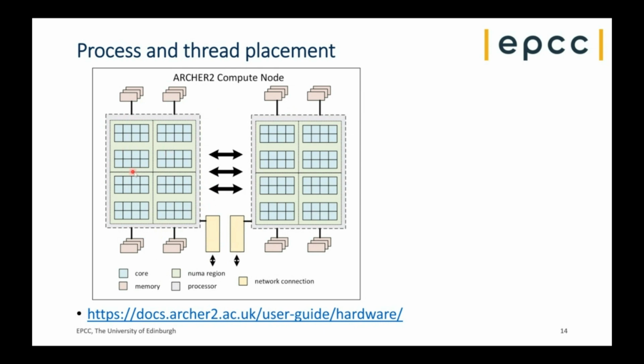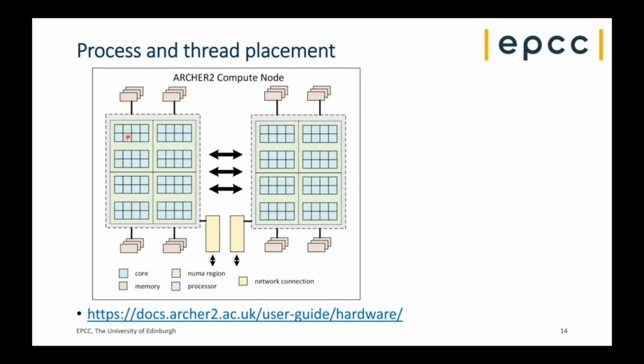So if I only wanted to use 16 tasks per node, by default, it would put them all on this first block here, and then all these memory connections here I can use, but I have to go through the other blocks to get to them, and that slows things down. And if I want to use the memory on this other processor, I have to go through this interconnect in the middle, and that slows things down again.